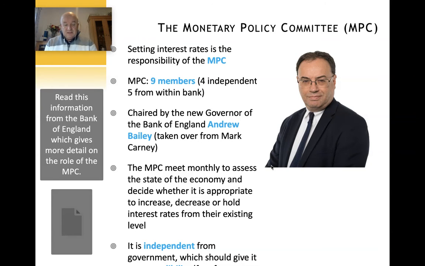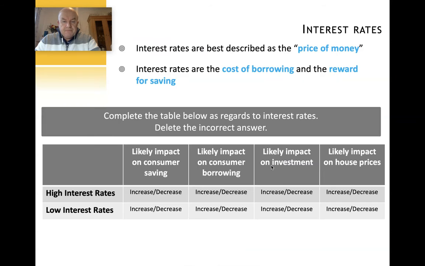Effectively, what the MPC do is meet monthly and look at the state of the economy, to see whether they're going to increase, decrease, or hold interest rates at their existing level. And it is independent from government. Although clearly they're inextricably linked, the actual decision is made by the Monetary Policy Committee, and that independence was supposed to depoliticize the process of interest rate changes. So clearly quite an important principle there.